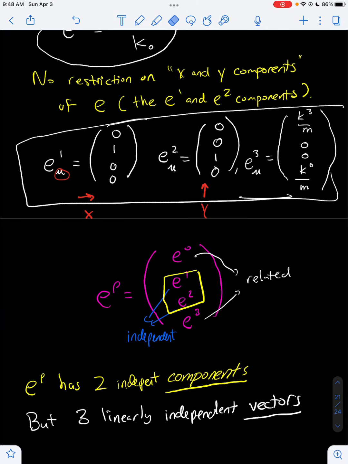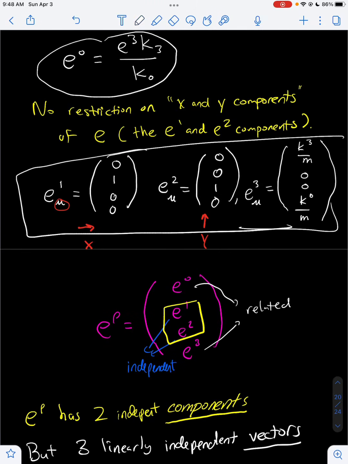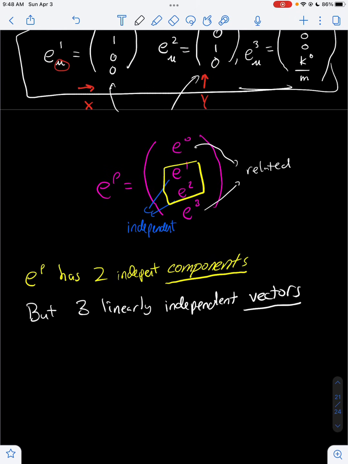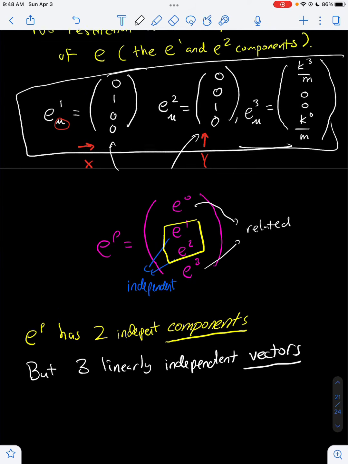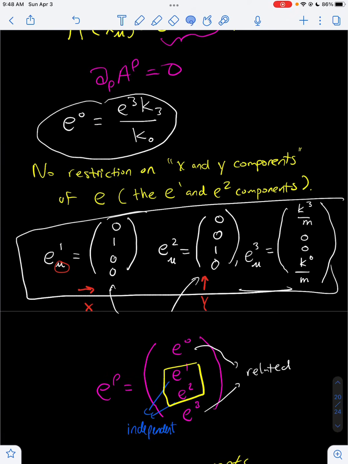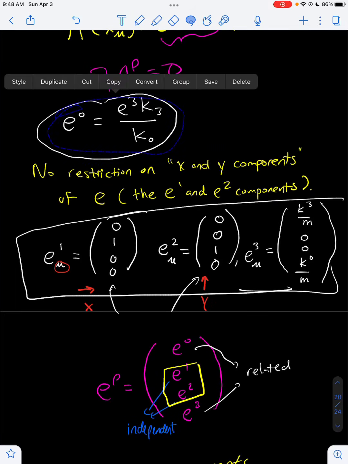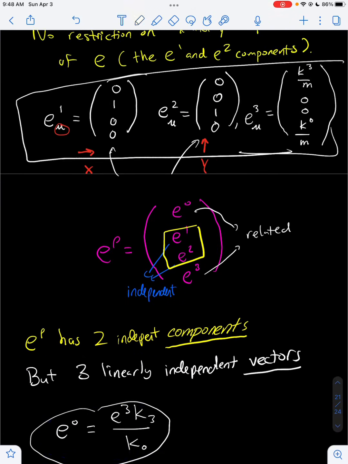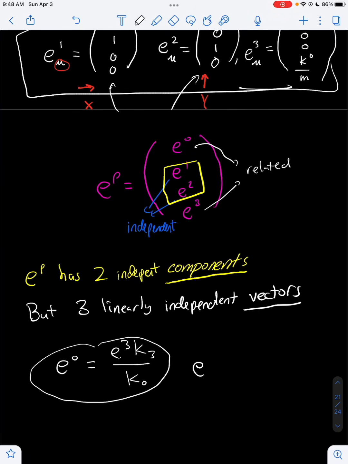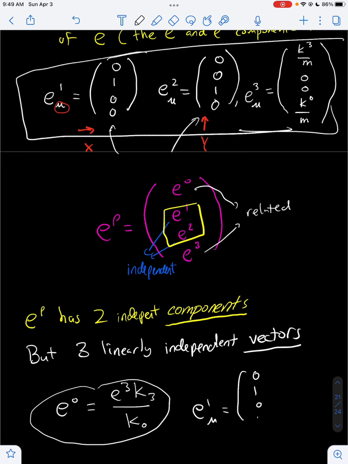So what's next? We can actually check that each of these vectors satisfies our condition. Remember that our condition is this over here, or can be written like this. E1 mu is going to be 0, 1, 0, 0.